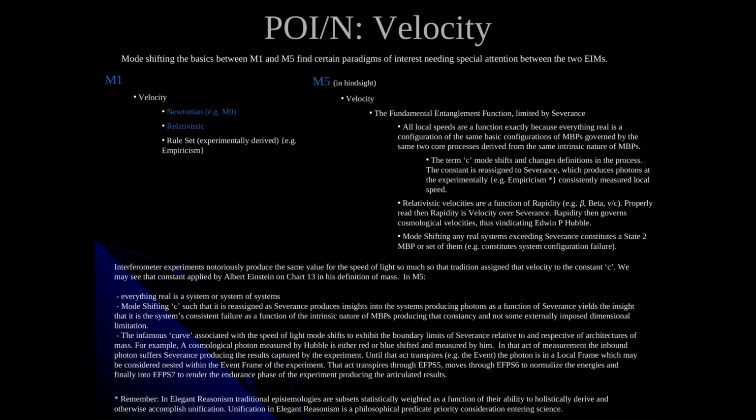And then when we mode shift those over to M5, we find that constancy and consistency is really a function of severance, which is a derivation of the same intrinsic nature of MBPs, and that it is a system failure that produces those constant velocities.